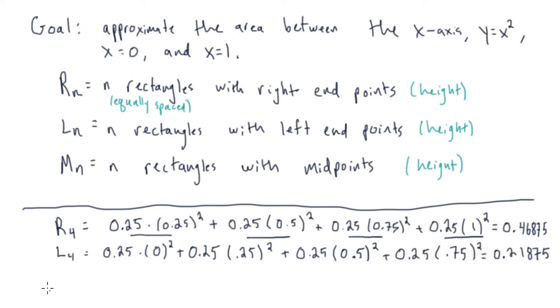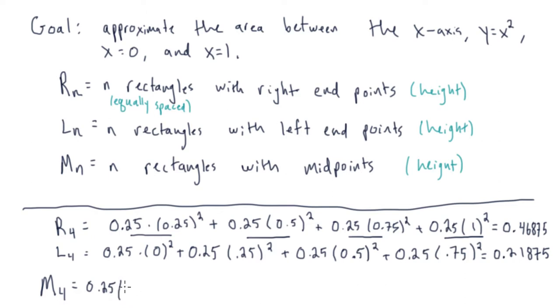So typically a better approximation is to use the midpoints, because it'll somehow average using the right endpoint and the left endpoint. So it'll give a better approximation, typically. So using the midpoint, again, the width of each of the rectangles is 0.25. That's not going to change.